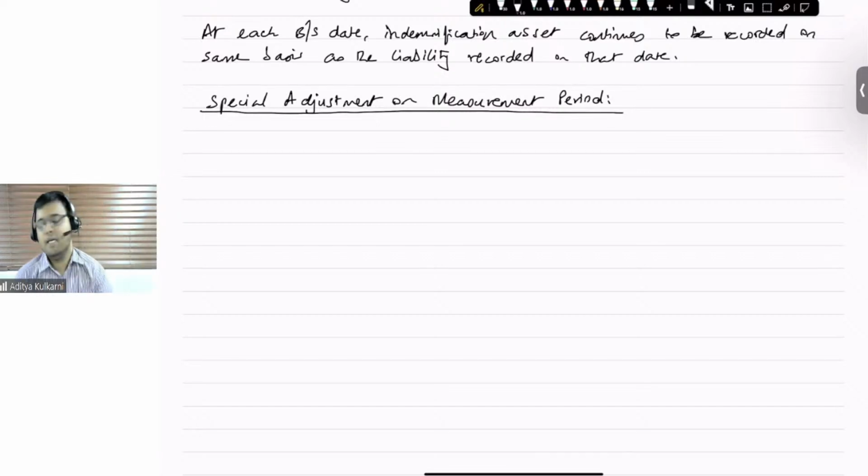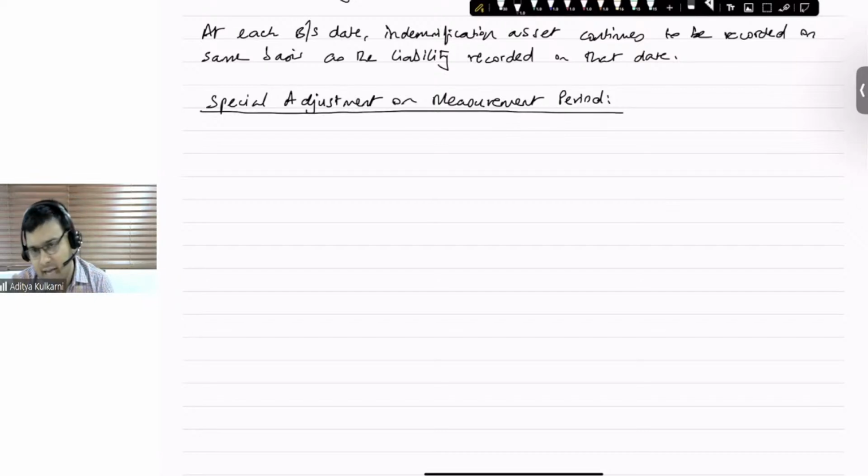Okay. See, now this is the last concept under Ind AS 103. Then we have common control combination, which is appendix to Ind AS 103, which I will be dealing with later. Okay. So I have not done great deal of problems the way we had done in the earlier chapters.